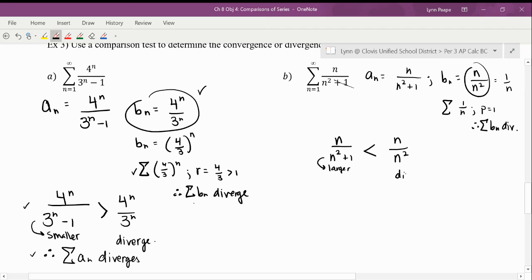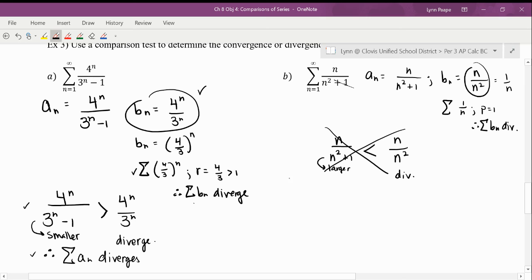And I know this side diverged. So this is the bigger termed sequence and it diverges, and this is the smaller one. If the larger termed one diverges, we know nothing about the smaller. It could diverge, it could converge. So that means the direct comparison test doesn't tell me anything.